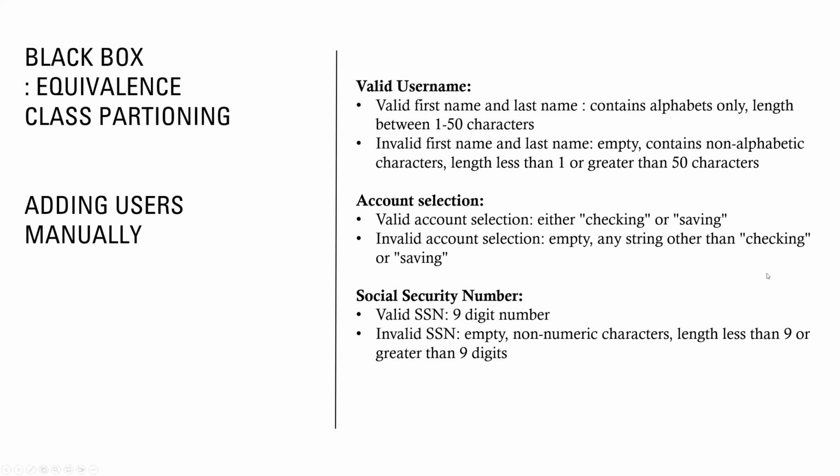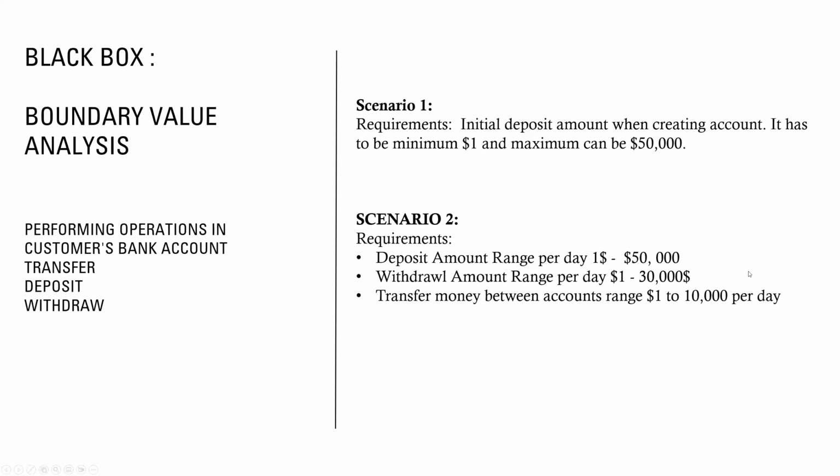Moving to the next one, this is boundary value analysis. In this part, I worked on performing the operations for the customer's bank account. For example, if a customer wants to transfer money between his bank accounts like savings and chequing, or wants to deposit a certain amount and withdraw a certain amount. There are some ranges that we have set up.